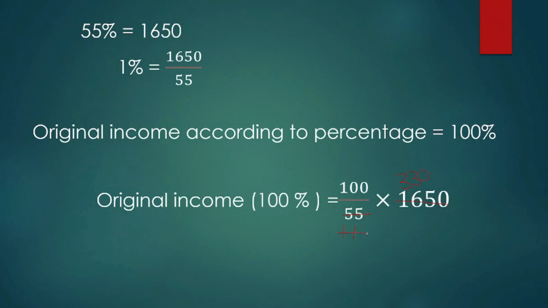So 11 ones are 11, 11 threes are 33, 0 for 0. 100 into 30 is 3000. So his original income is 3000 rupees.